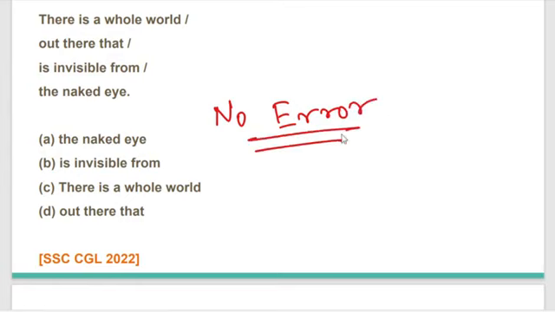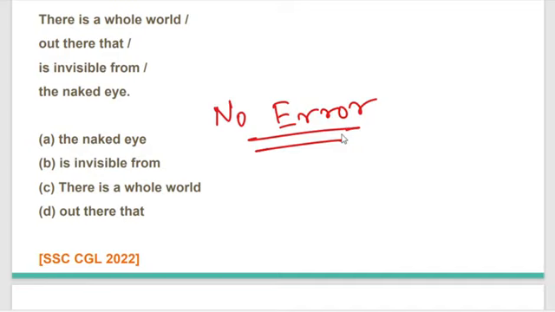All right, before moving to the next question, let me explain this sentence if anyone feels confused regarding its meaning. The sentence is saying there is a whole world out there that is invisible from the naked eye. That means there are a lot of things in this world around us which we have not seen yet, which are not even visible to us. There are a lot of things happening, but not in front of our eyes.